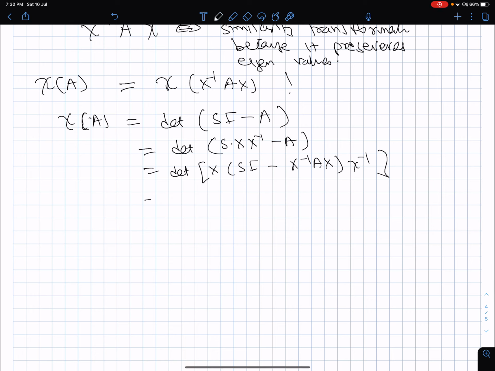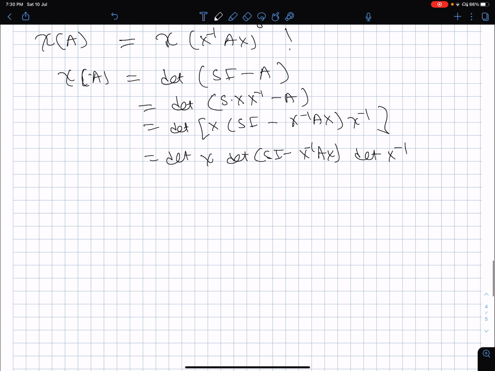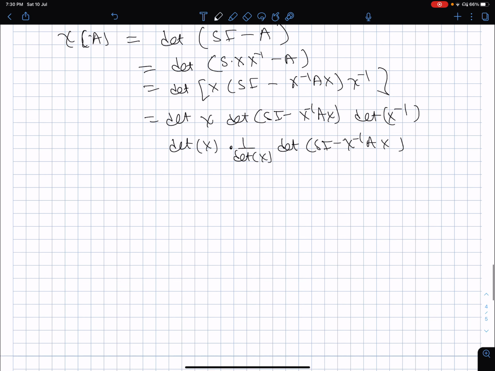Now the determinant of the product of three matrices is the product of the determinants of the individual matrices, and the determinant of X inverse is 1 by determinant of X. It is always the reciprocal, and it is non-zero because X is an invertible matrix, so the determinant is non-zero.